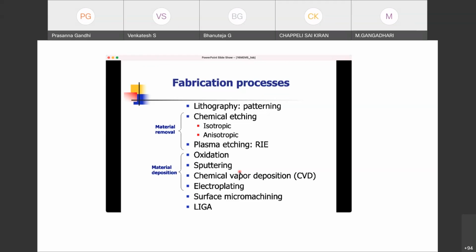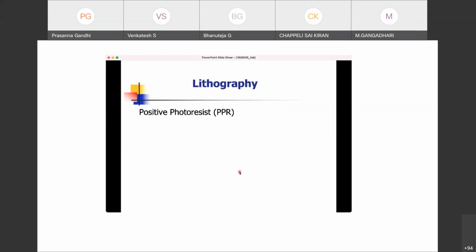So how is this lithography done? What I'm going to show you is in some kind of an animated fashion, but it is not to scale. So don't think in terms of the scale of whatever is drawn here, as that will be a completely wrong notion. It's just a way of depiction so that you can understand.